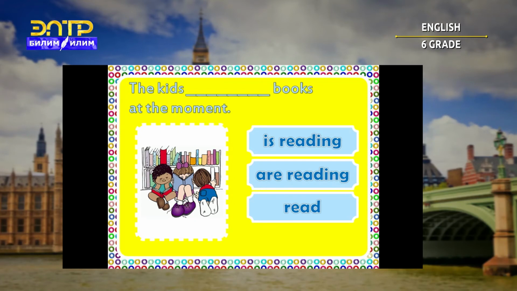Here we have two variants: is reading and are reading. The subject of the sentence are the kids, plural form, they. So with they, the correct form of the verb is: the kids are reading books at the moment.